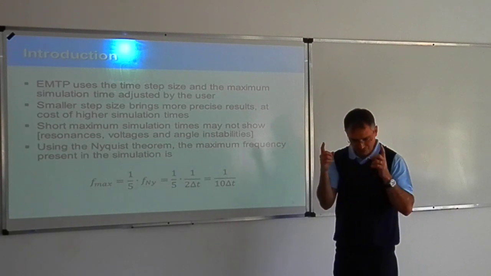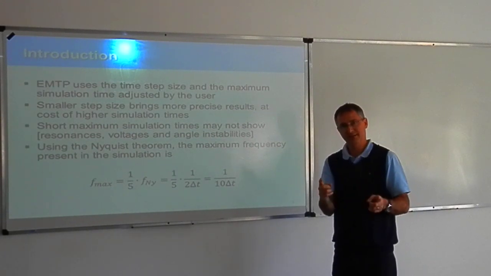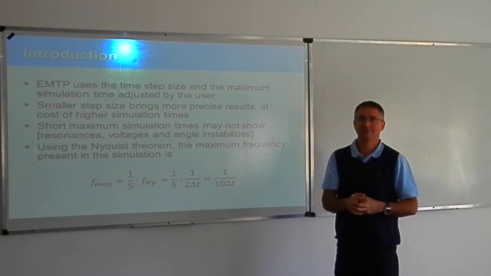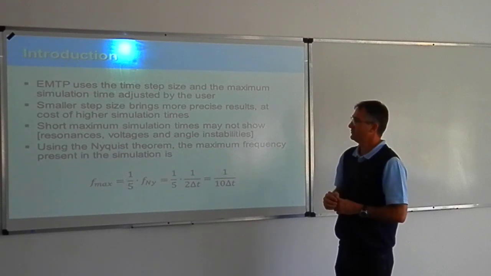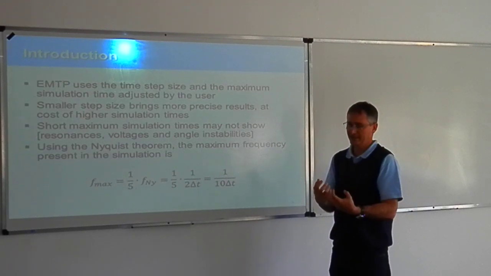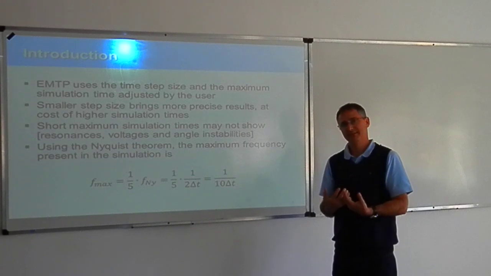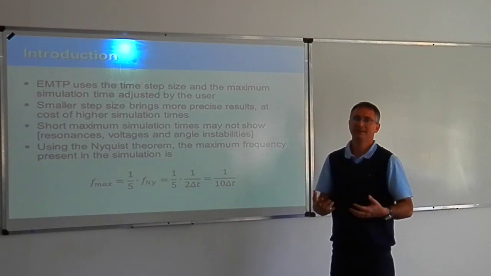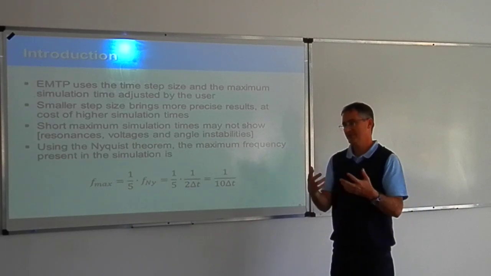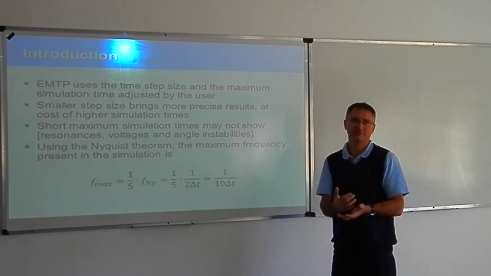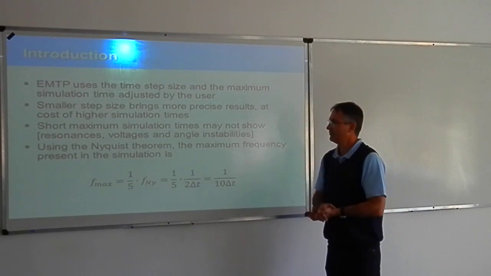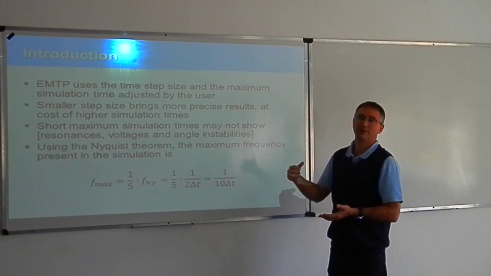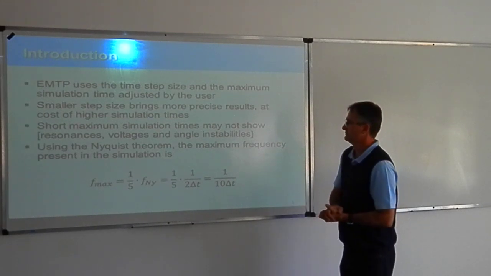But if you do not choose the size of delta T correctly, the results you're going to have might be wrong. So the motivation for creating a kind of empirical algorithm to automatically develop a first initial proposal for the selection of delta T was done by Professor Goulart in Brazil.